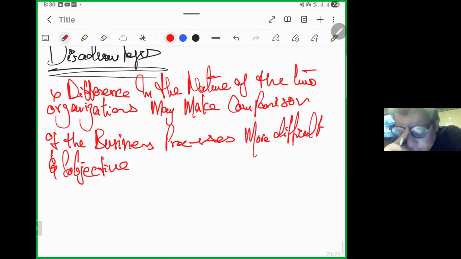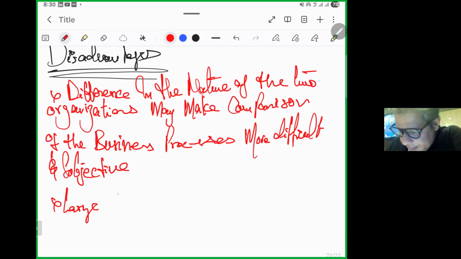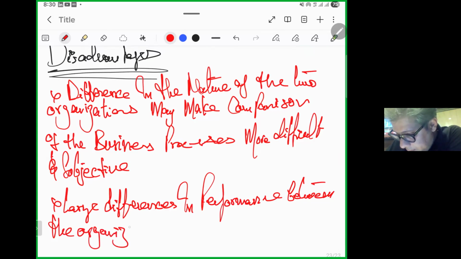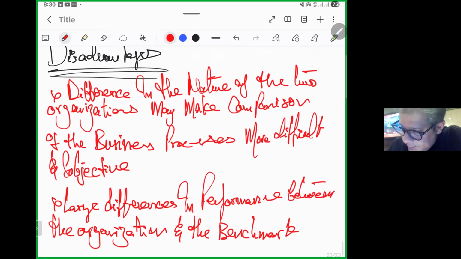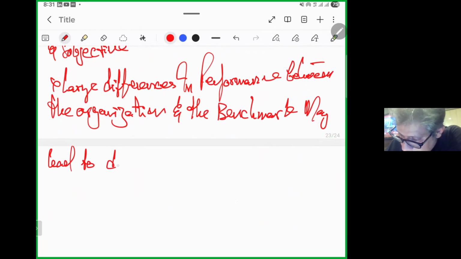And large differences in performance between the organization and the benchmark may lead to demotivation, right?